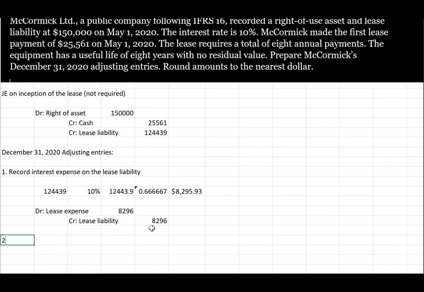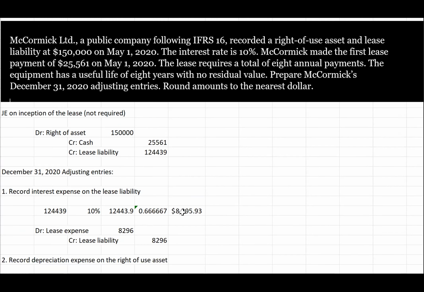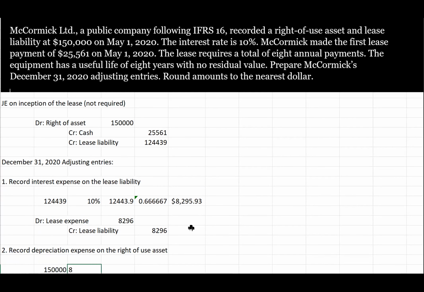Now our second adjusting entry is going to be to record depreciation expense on the right of use asset. So we are going to say, now our right of use asset, remember up here was 150,000, and this lease is how many years? 8 payments. So it's going to be divided by 8 payments.